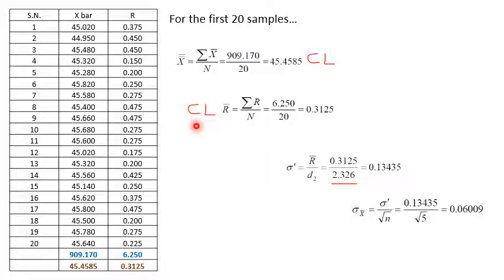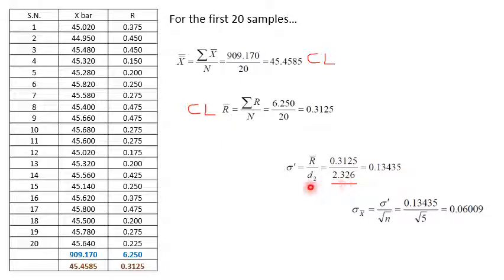This we can also call the control limit for X bar, and R bar is also called the control limit for range. Now sigma dash is equal to R bar divided by D2, and D2 is a constant. At the end of the video, I will show you how to find the values of D2, D3 and D4 from one table.